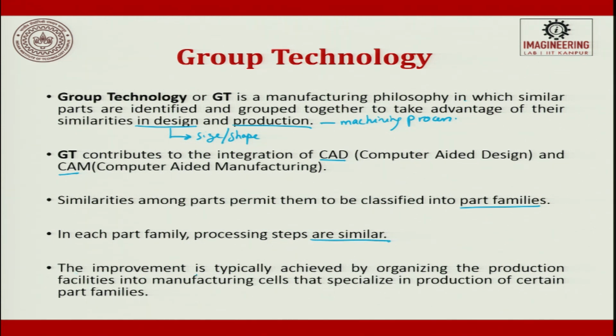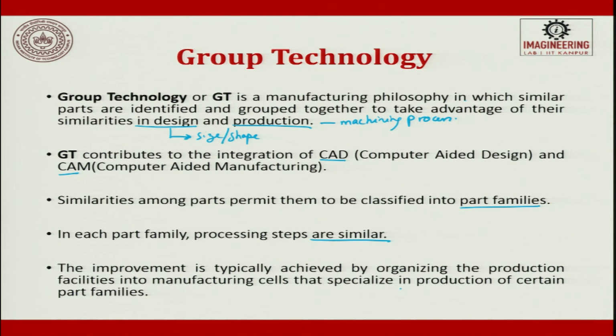The improvement is typically achieved by organizing the production facilities into manufacturing cells that specialize in production of certain part families. So, you have grouped those families in botanical and zoological studies based on some similarity. Here also we will do that either with size, shape or in terms of manufacturing.